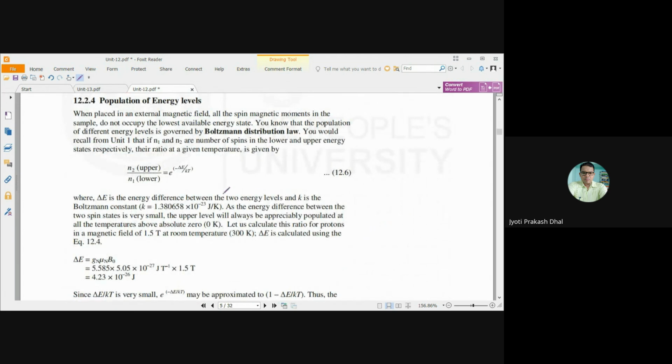Now coming to the population of energy levels. The population of energy levels is governed by the Boltzmann distribution law. Already we have studied the Boltzmann distribution law many times.